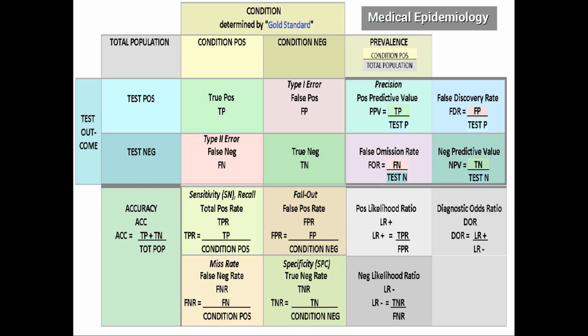Something's very sensitive when there are not a lot of false negatives. Something's very specific when there are not a lot of false positives. That would be a really interesting measure in machine learning, to score machine learning algorithms based on sensitivity and specificity measures.